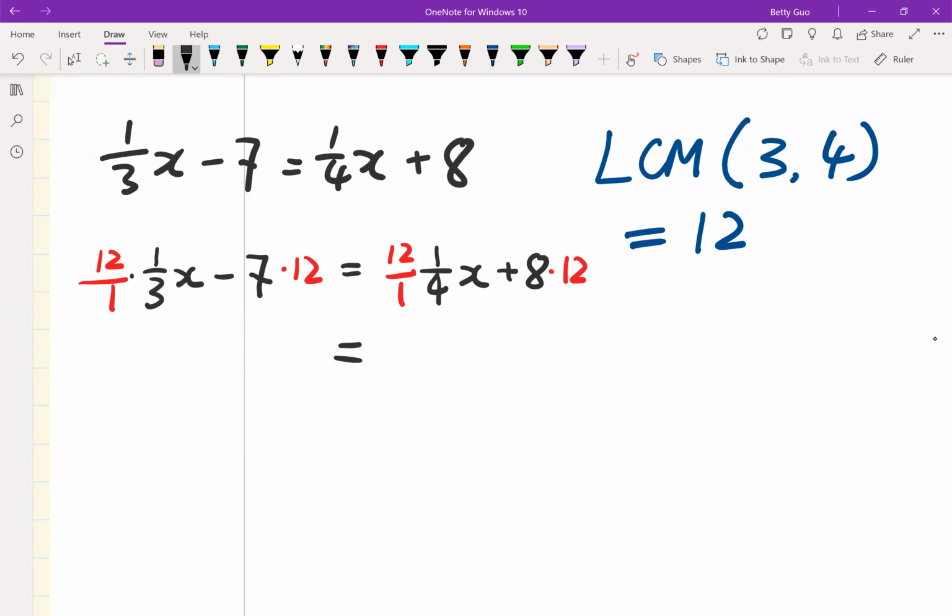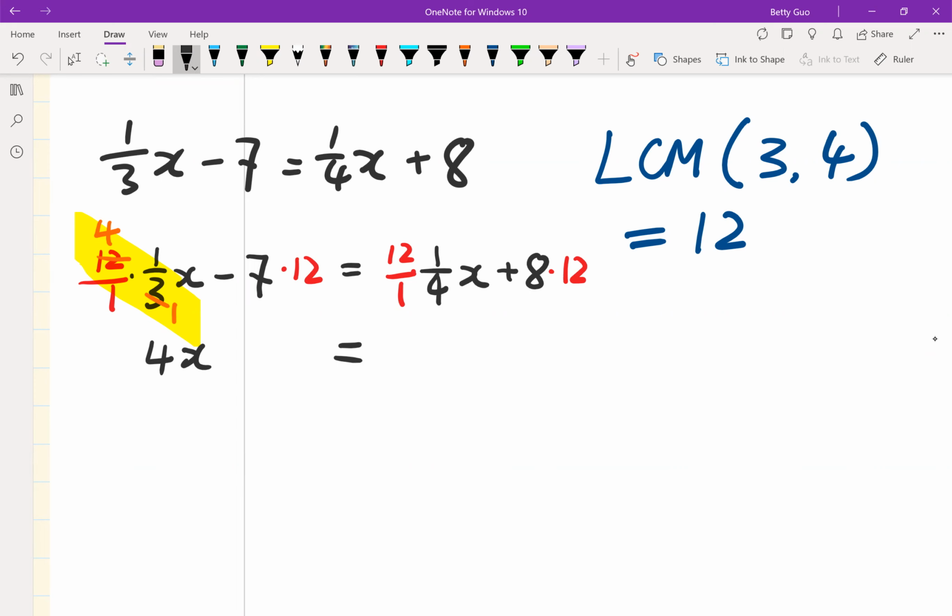Okay, on the left, look at this diagonal. 3 and 12. Yeah, we multiply 12 to eliminate the denominators. So here, 3 will become 1, right? 12 will become what? You tell me. Do we have a 12x here after we multiply by 12? I'm sorry, 4x, my bad. After we multiply by 12, do we have a 4x here?